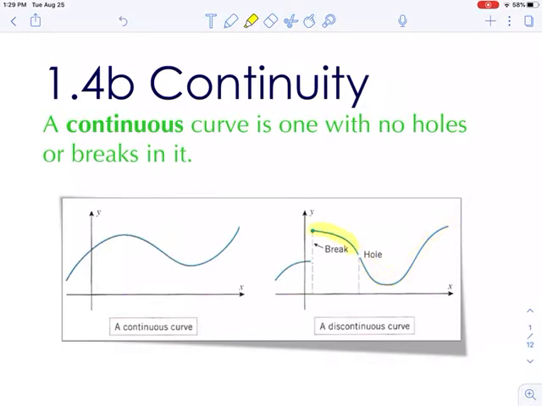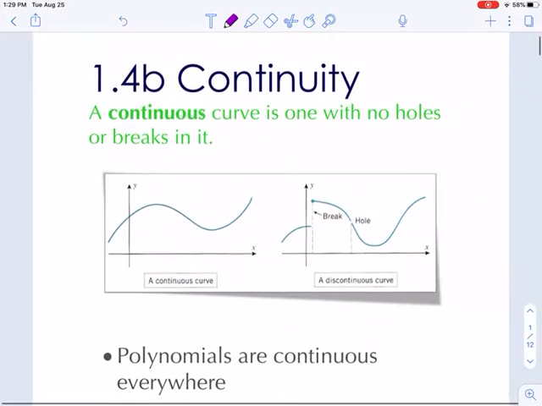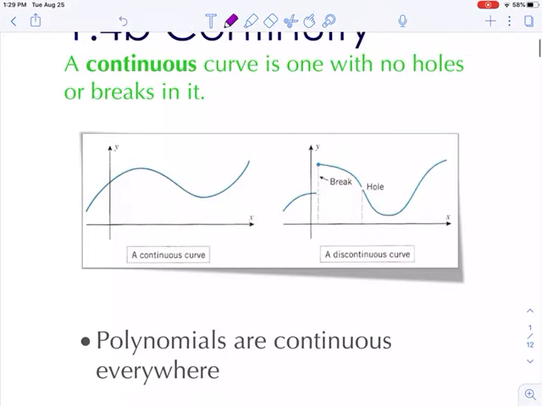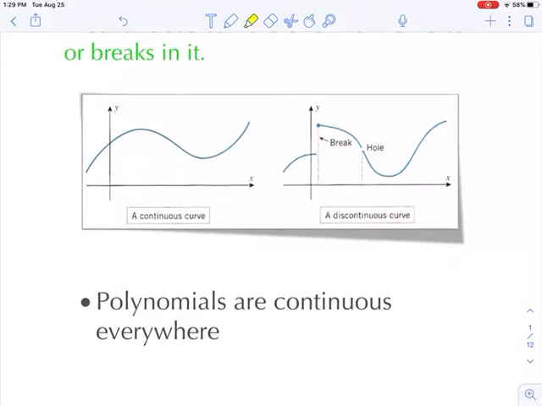This curve is not continuous. Here, there is a hole, and so we have discontinuity there. And then here is a break. There is discontinuity there.